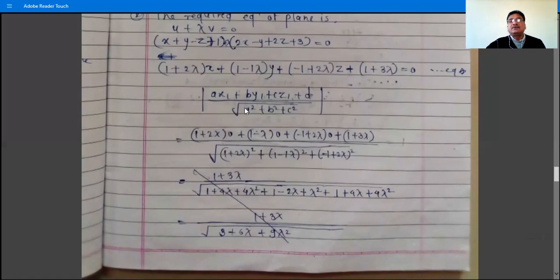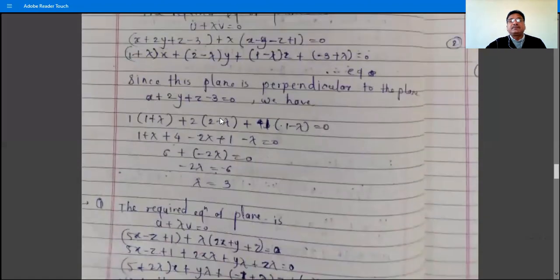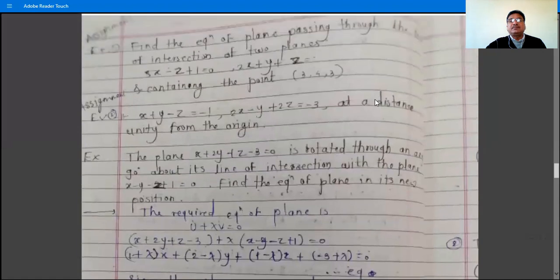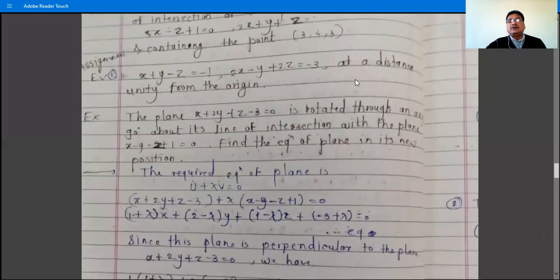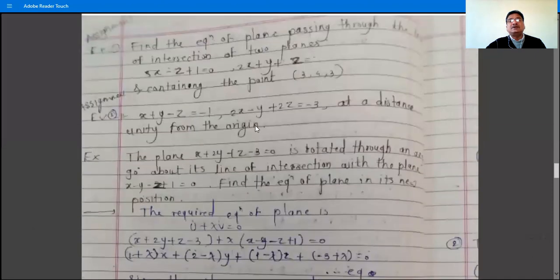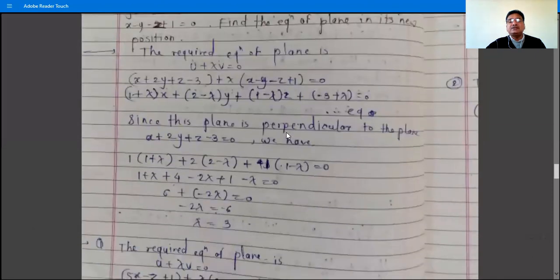So what is given? The plane is at a distance unity from origin. At a distance unity from origin means the distance of origin from the required plane is 1.